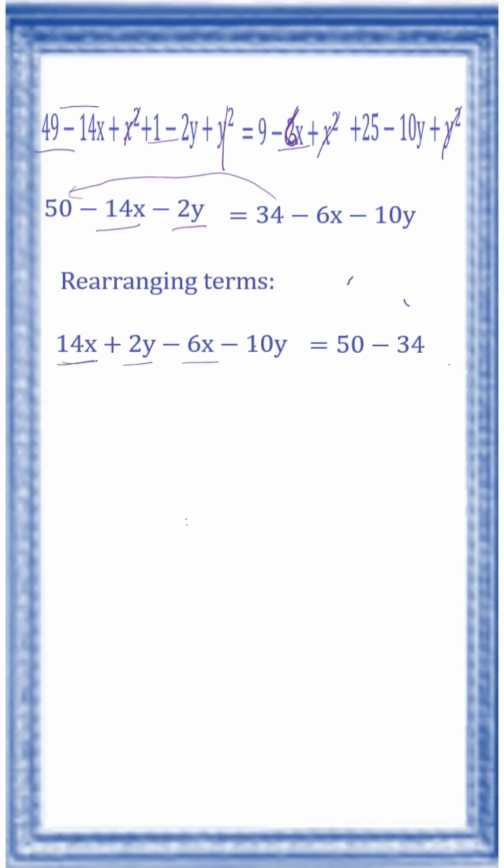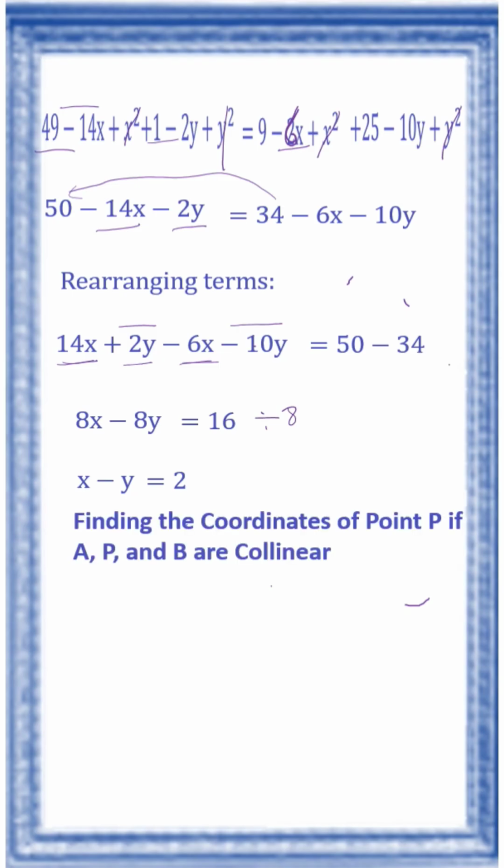Here 14x and 6x are like terms: 14 minus 6 is 8. 2y and minus 10y are like terms, so it is minus 8y, equal to 50 minus 34, which is 16. So divide the whole thing by 8. What do you get? x minus y is equal to 2.